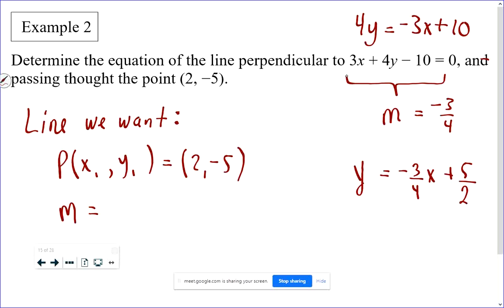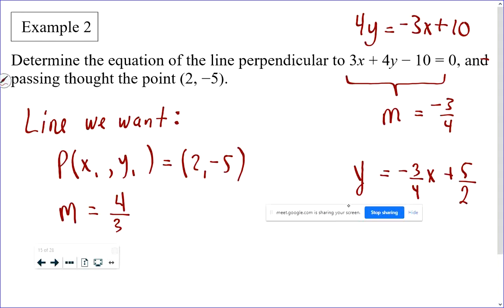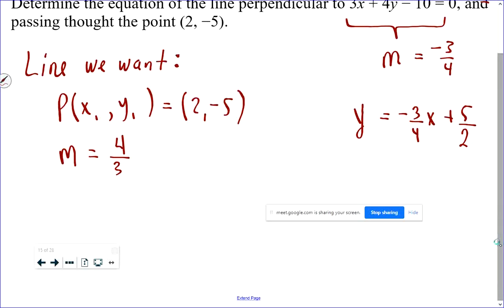Like, to put it into words is very awkward. What this means is, since the line we want is perpendicular to this line, the slope of the line we want is the negative reciprocal of that line. So far, so good. Any questions?